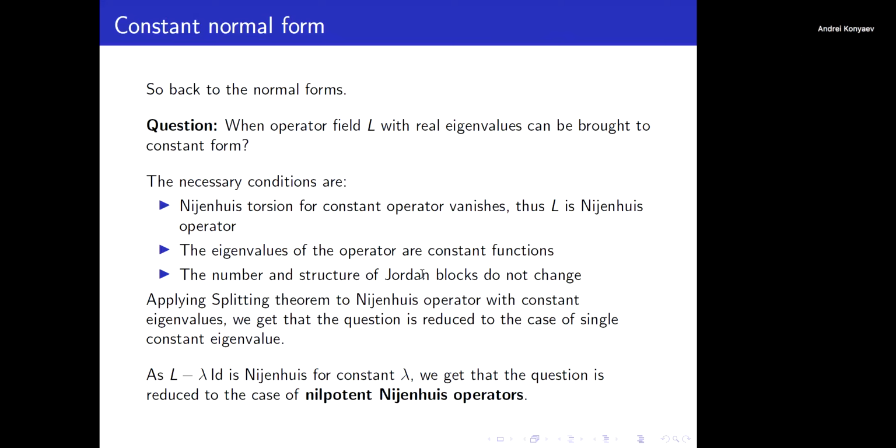When you deal with tensors and you want to make them constant, it's not a simple thing to do. If you recall how you do it in Riemannian geometry, the question of the existence of a coordinate system in which the metric is constant is equivalent to the vanishing of the curvature tensor of the corresponding Levi-Civita connection.